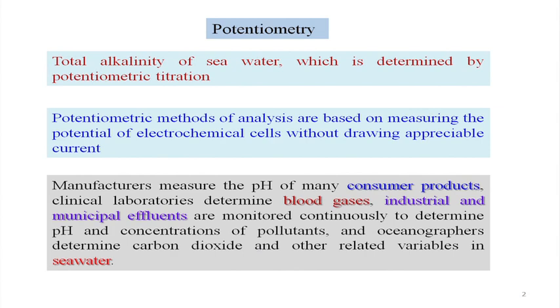So, the very first thing we determine is the pH of anything, starting from any other solution, the water we drink, the blood we have or the municipal effluent.